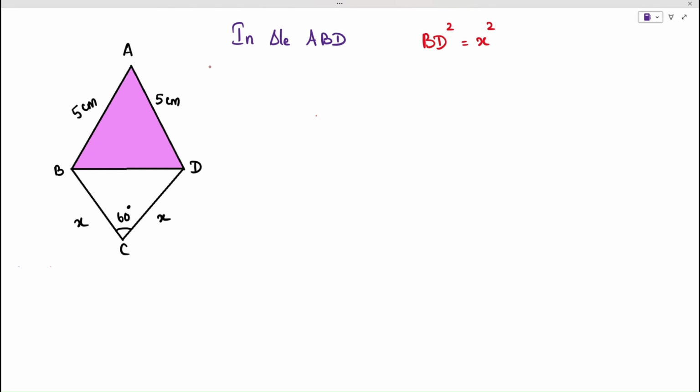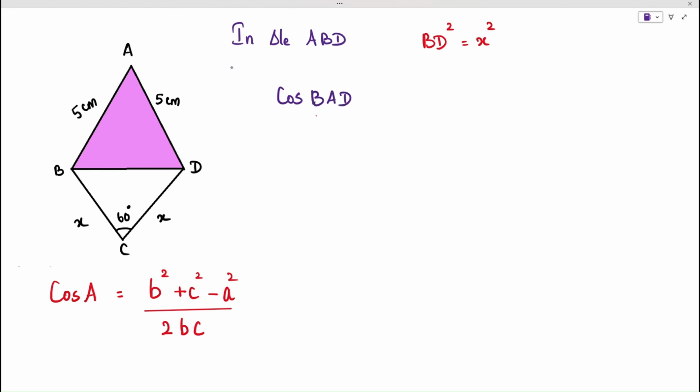If we rearrange the cosine rule, we get cos A is equal to b squared plus c squared minus a squared all over 2bc. On the left-hand side of this, we have cos of A, which we're going to have as cos of BAD.